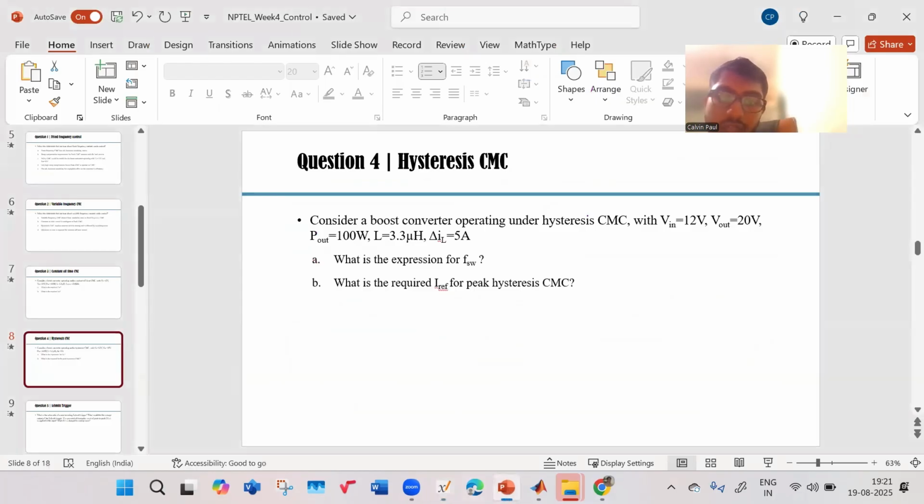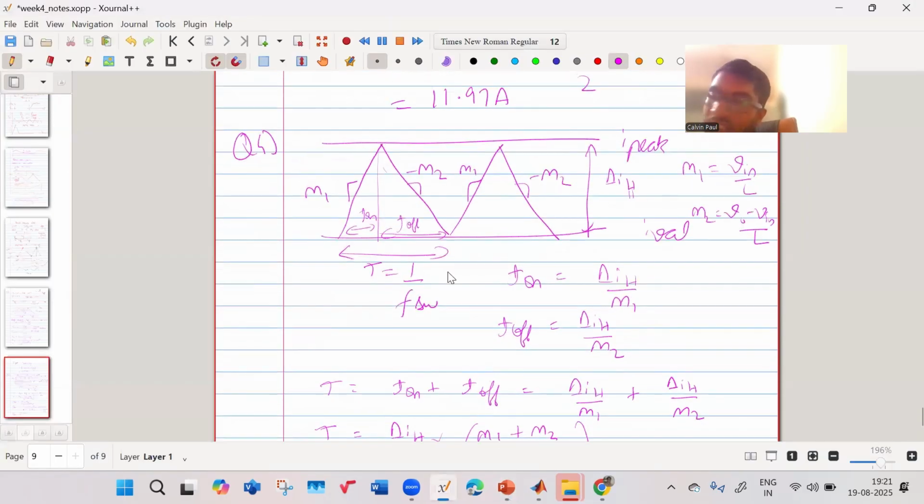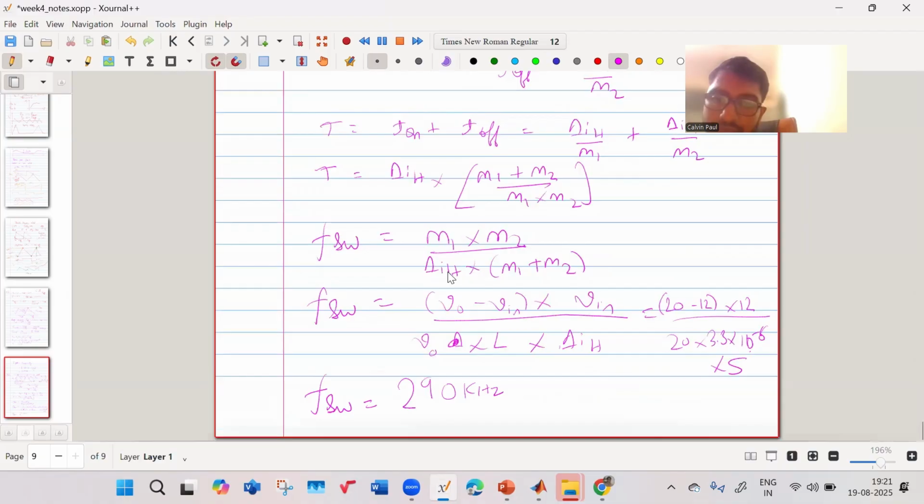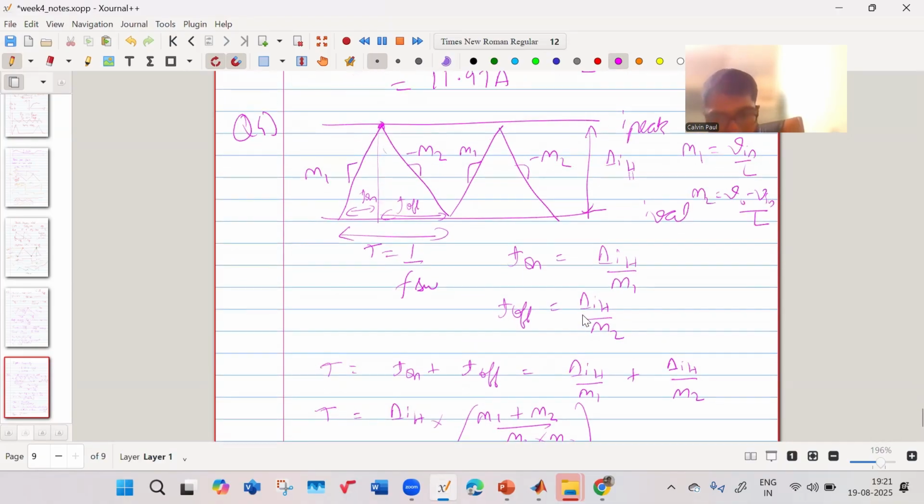Now we want to know what is the required IREF for peak current hysteresis control. That means you have to find this peak value. How will you do that? IL average plus delta IL by 2.